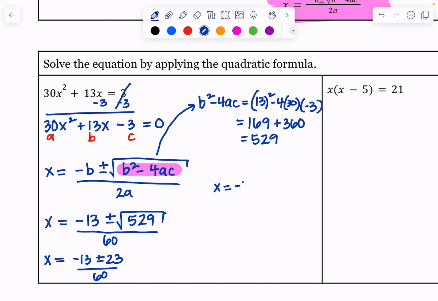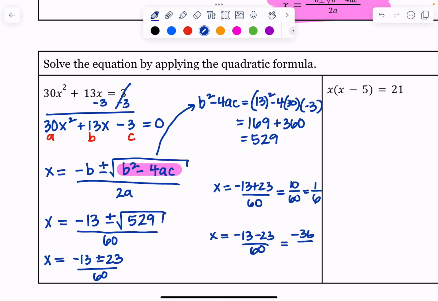We've got x equals negative 13 plus 23 all over 60. And we've got x equals negative 13 minus 23 all over 60. So for the top one, that gives us 23 minus 13, that would be 10 over 60, or reduced would be 1/6. And for the bottom one, that would give us negative 36 over 60.